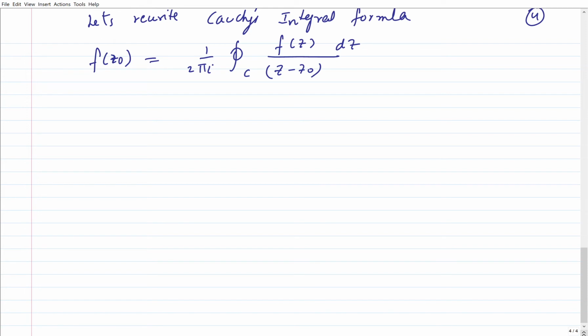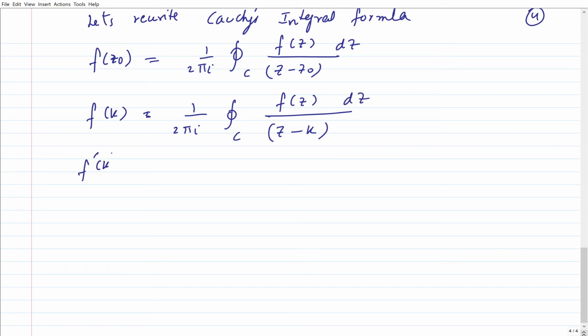Okay, so what can I do more about it? Let me just express this as some f(k). I'm just changing the variable over here, and I'll keep z as the variable of my integration, z minus k dz. Now what I can do, I can take a derivative.